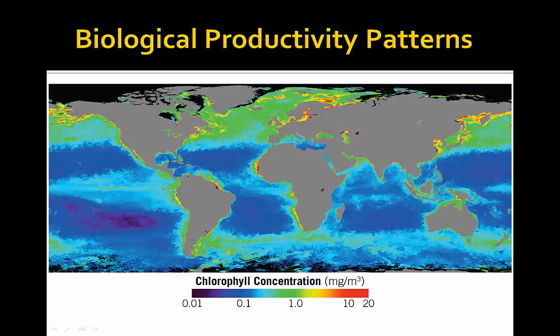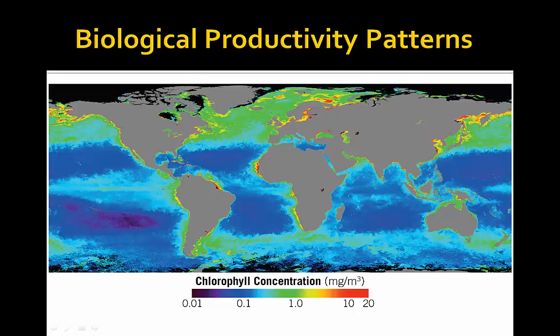I mentioned that at hydrothermal vents, primary producers use chemicals to create energy. Well, that's unusual. The overwhelming majority of primary producers at the surface use sunlight and photosynthesis instead. For that reason, most of the ocean's primary productivity is in the coastal areas because sunlight can reach all the way to the seafloor.